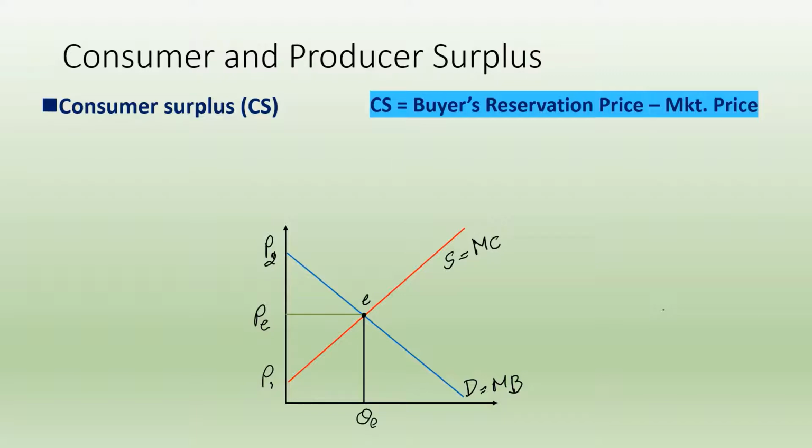Let us suppose that we are in a market of rice, and here D shows the demand for rice and S shows the supply curve for rice, and E determines the efficient outcome, which shows that at my market price PE, the amount of rice sold and purchased equals QE.